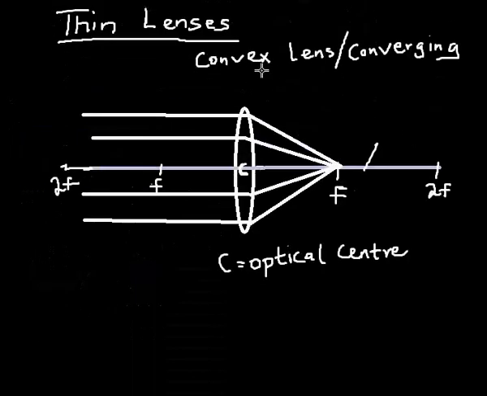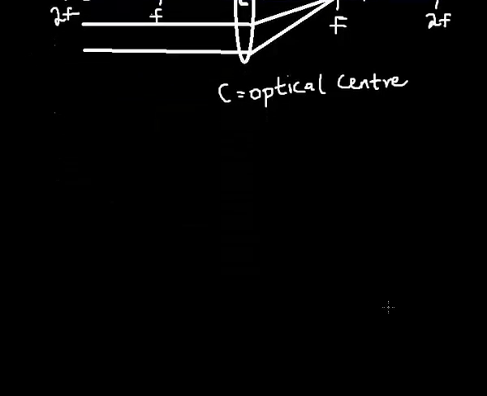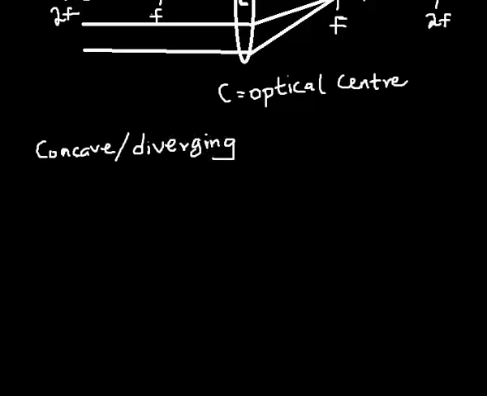This is one type of lens, the convex lens. Then the other type is the concave lens. This time around it is concave, or divergent lens.